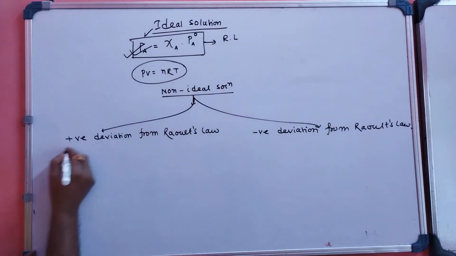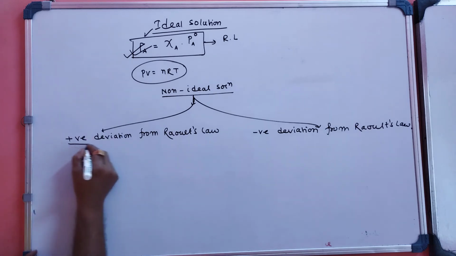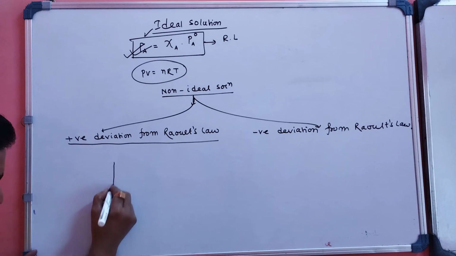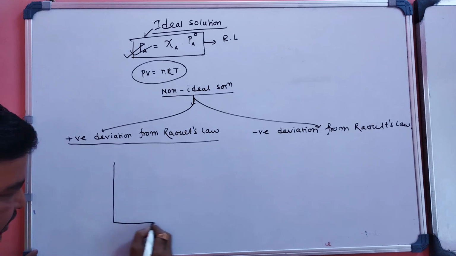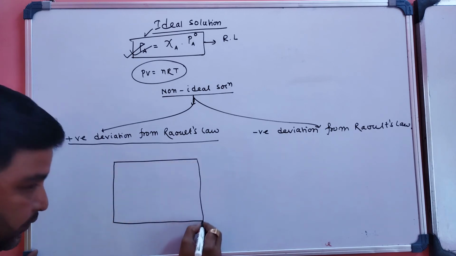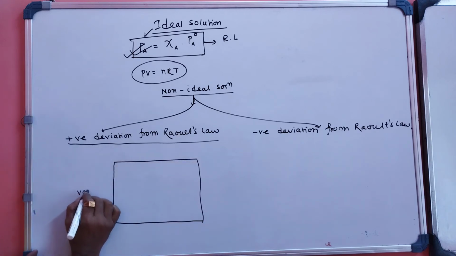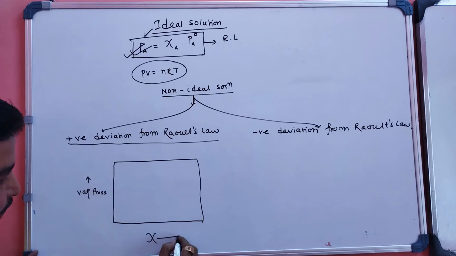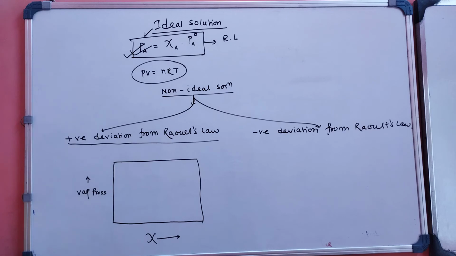Now, what type of solution shows positive deviation from Raoult's law? First we plot a vapor pressure versus composition graph. This is vapor pressure and that is composition.